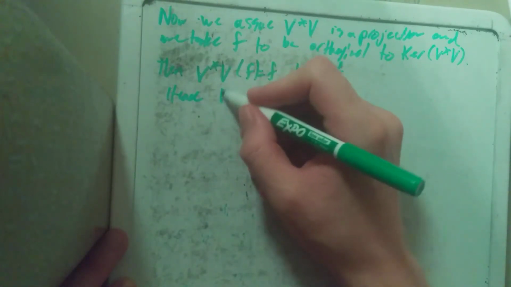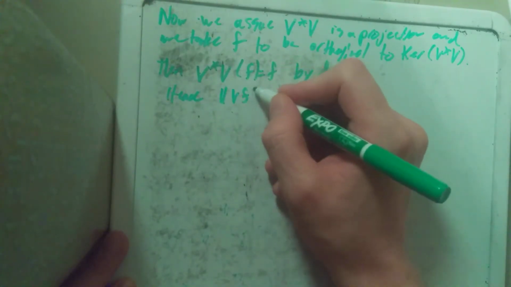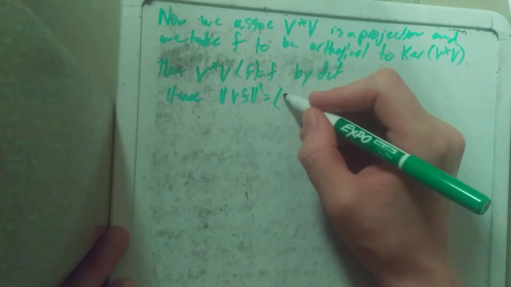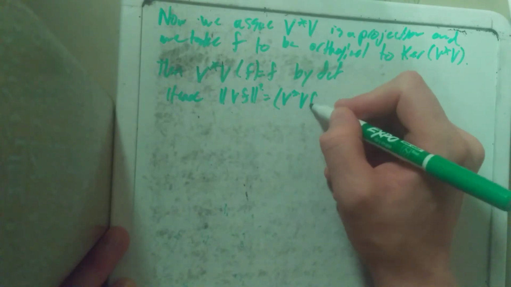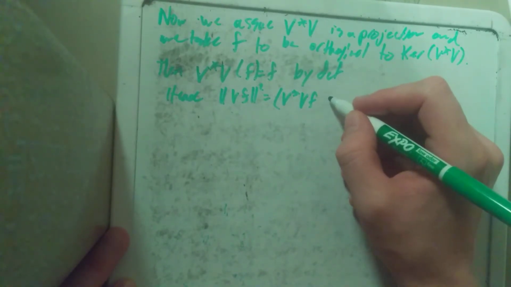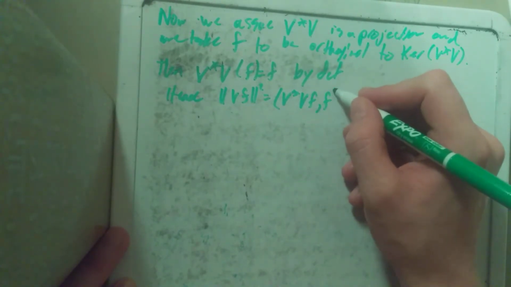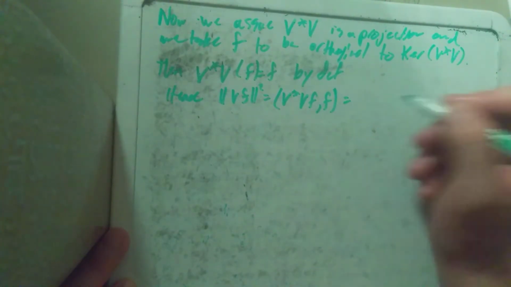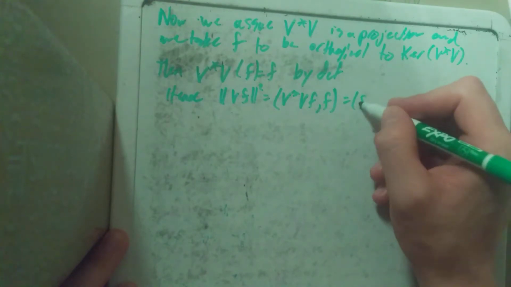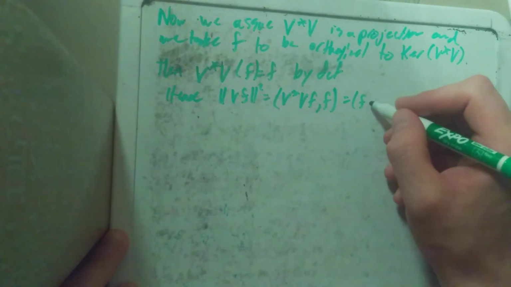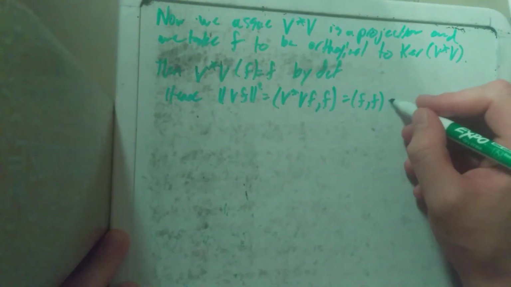we get the following. We get that the norm of Vf squared is equal to, we use our identity again, and we note that this here is just the norm squared of f, right?